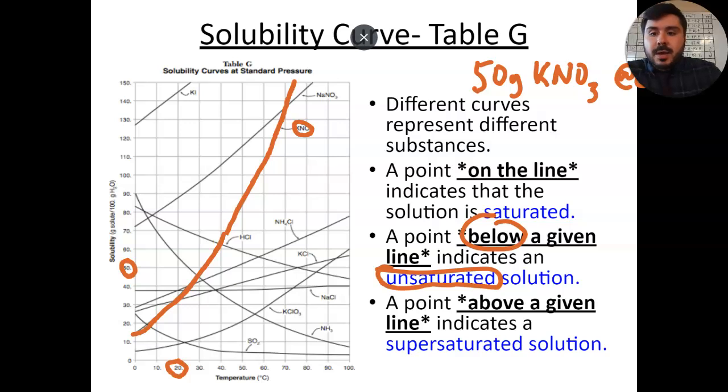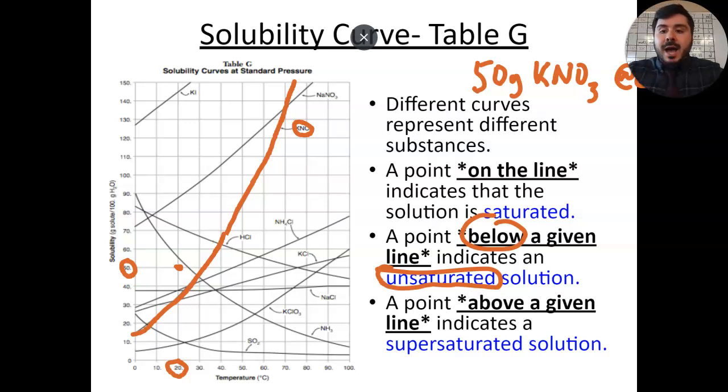Okay, so now let's do the same thing. Let's trace up from 20 and over to 50. So here's 20 over to 50, and here's my dot right now. As you can see, this dot is very clearly above our curve for KNO3, which is this orange line here.